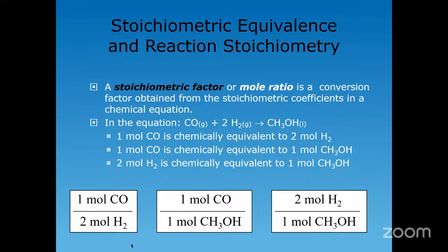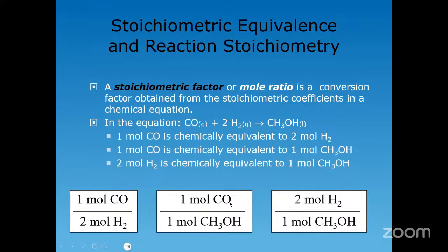So, for example, the mole ratio between carbon monoxide and hydrogen can be expressed as 1 mole of carbon monoxide divided by 2 moles of hydrogen. All right. Or you can flip it, right? You can have 2 moles of hydrogen above and 1 mole of carbon monoxide below. Now, which one you use is dependent on the type of problem that you're trying to solve, and you're going to see that shortly. Some others are shown here.